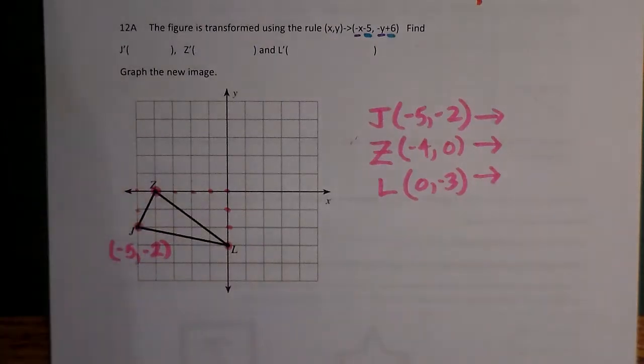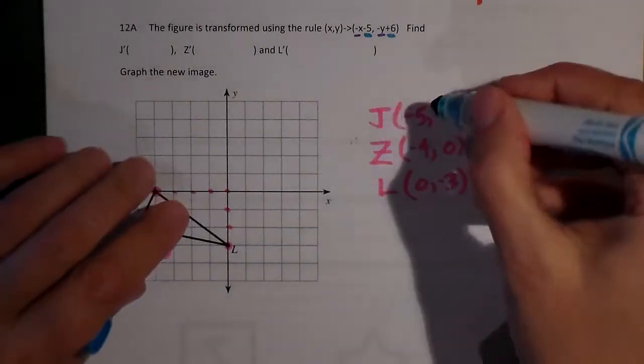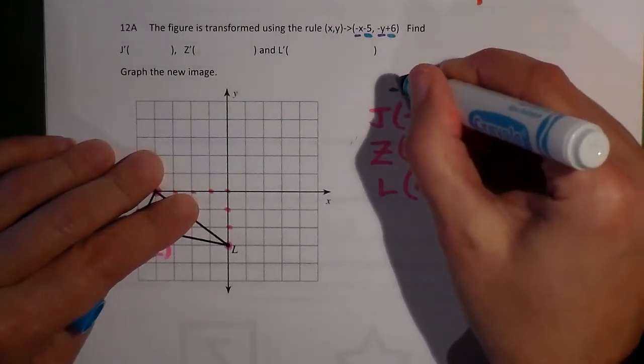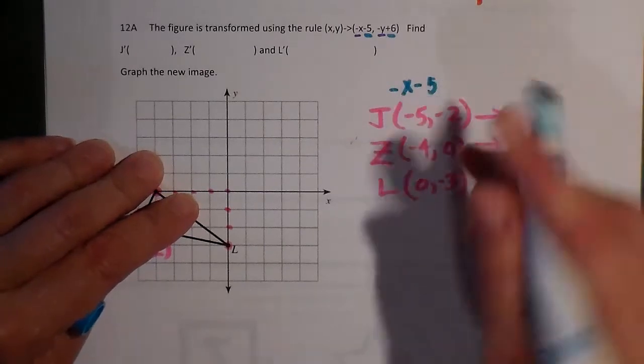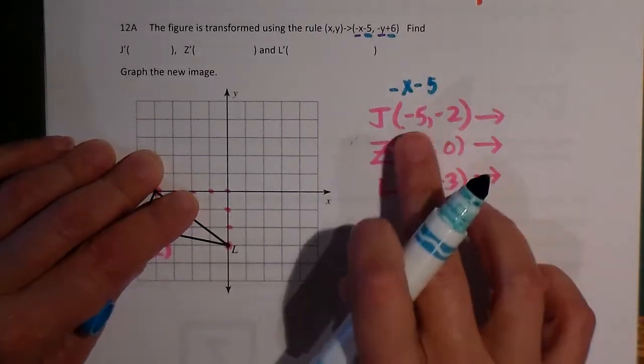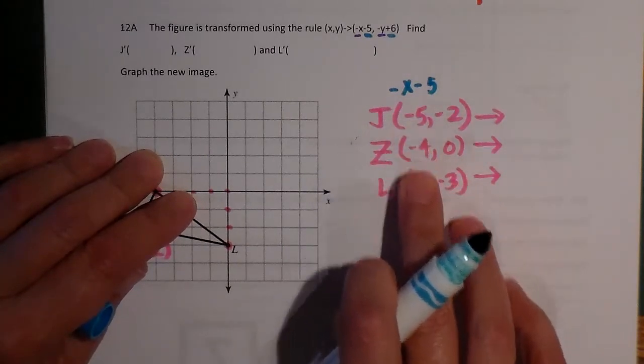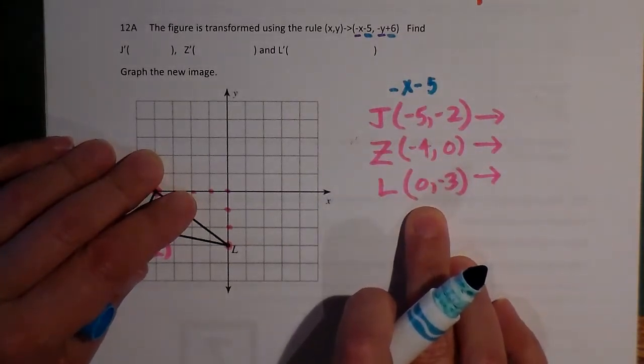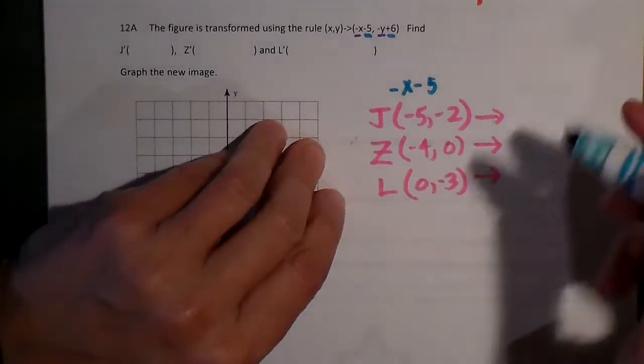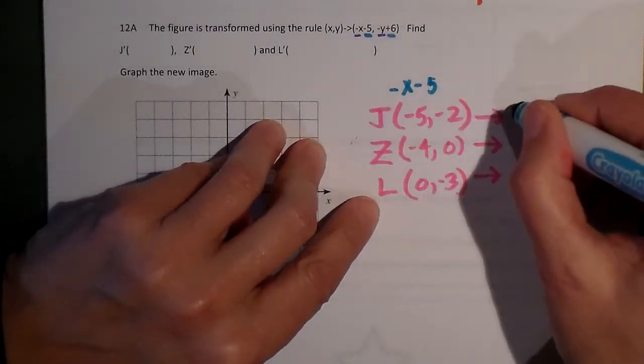So what does the first one say? We're going to take all of these x values and change them into the opposite of x minus 5. So basically, I'm going to take the opposite of x minus 5, and I'm going to plug in all three of these. Okay? So for example, the opposite of x.